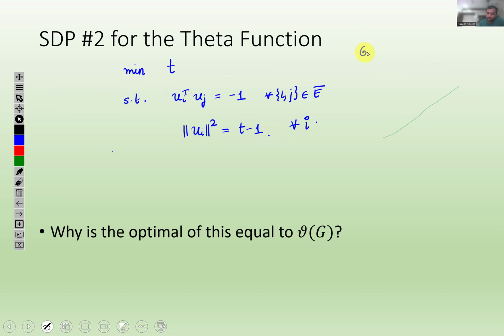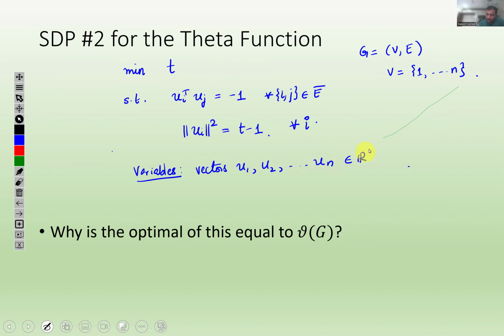Again you have an n vertex graph G, and V is 1 to n. The variables here are the vectors u1 to un, each in R^n, and t is in R. So these are all the variables.